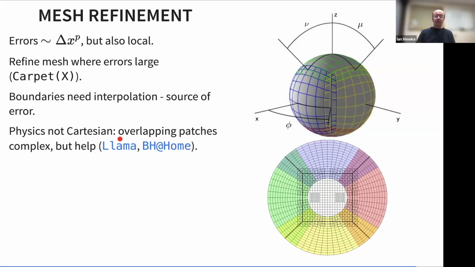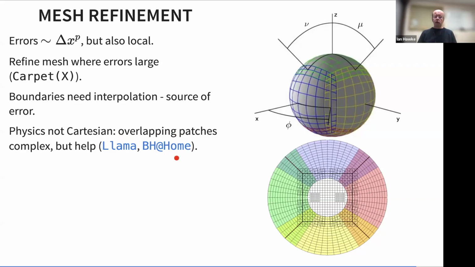Now, Llama is a very, very complex code to use, and I am not sure if it works. In fact, I'm almost certain it does not work with Carpet. The chances of it actually working are going to be slim, but if you have a problem that really needs high accuracy, then it is a potential way to work.